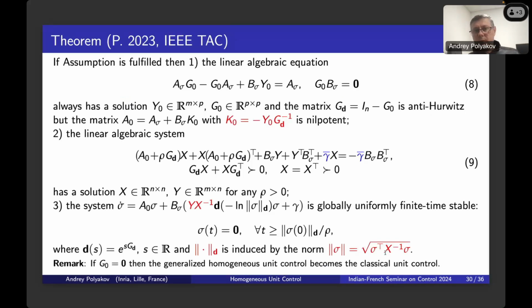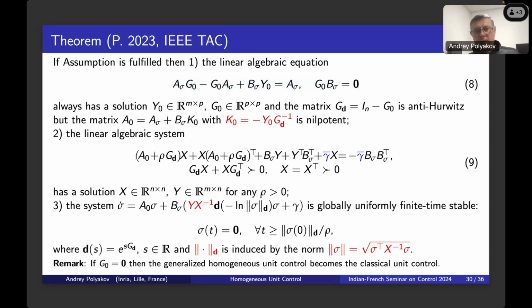So the design procedure is formulated in this theorem. So we solve some algebraic equation. This solution is required to define the gain K0, which homogenizes our linear part of the output dynamics.